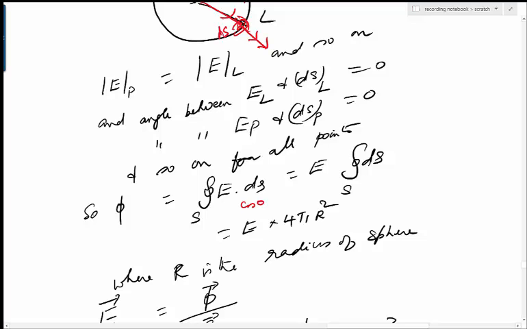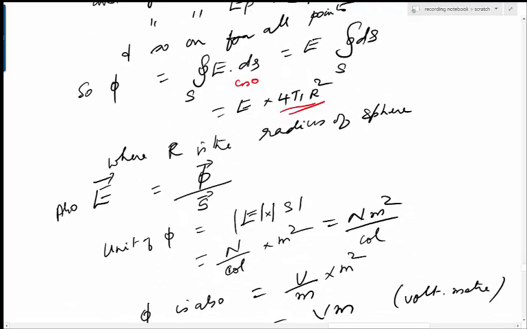If it is for a sphere, you take it as 4 pi r squared, where r is the radius of the sphere. Suppose in a problem you are given phi and you are asked to find E, or the surface area. How are you going to find out?